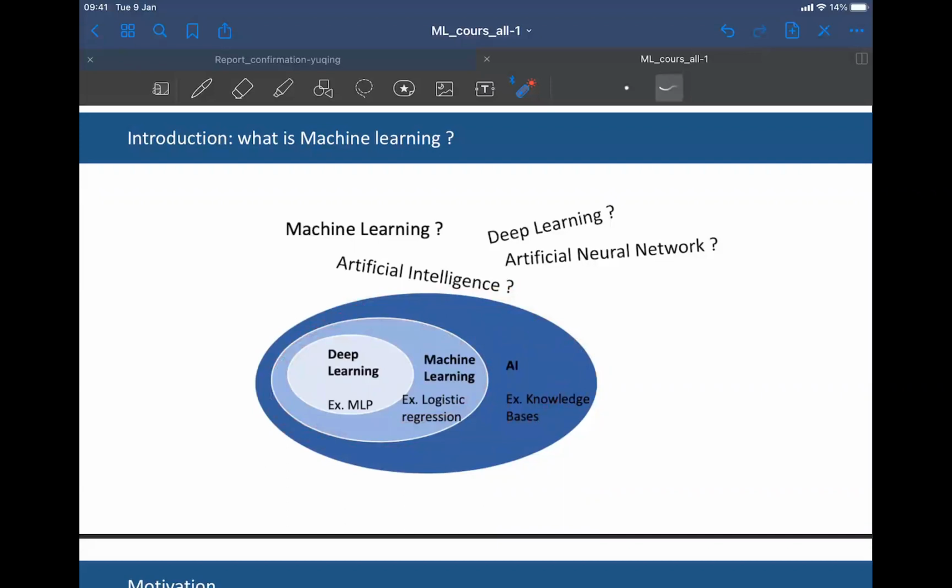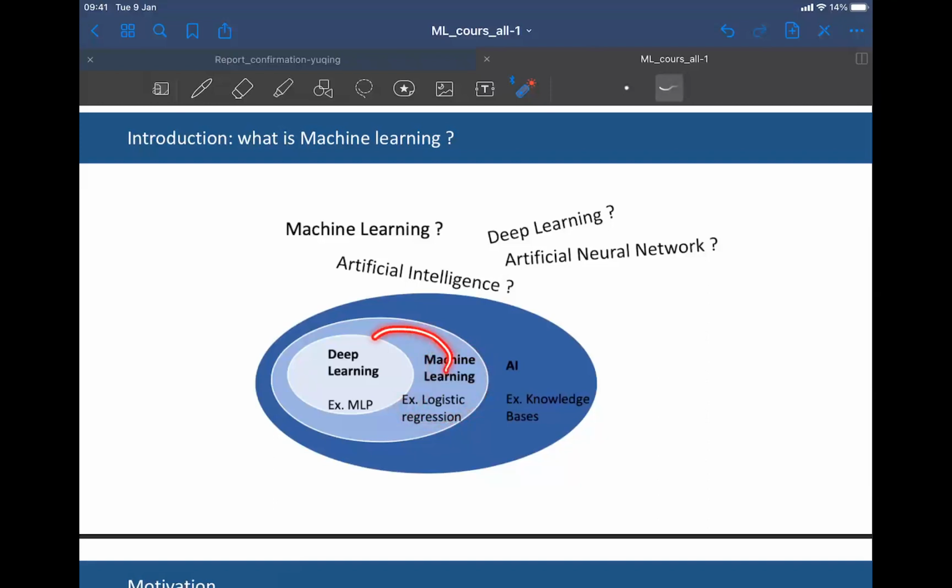But you could also have other things, for example, let's say some intelligent program that is only based on if else, do this, do that. It's not really learning on data, but it can have some intelligent behavior. So it's still an intelligent machine, but it's not learning. So it's not part of machine learning. Machine learning is really based on data that makes it learn.